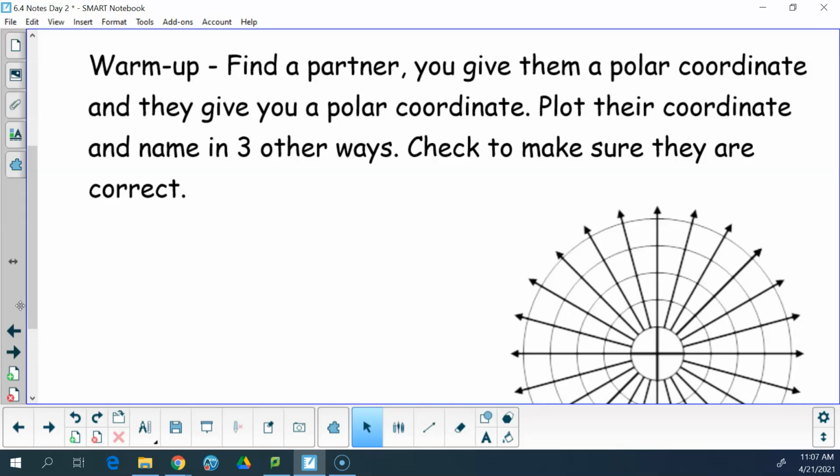Their job is to graph it and give you the 3 other ways to name that particular point. And then vice versa. So they're going to give you a radius and an angle. You're going to give them a radius and an angle. At home, I'm going to place you guys in breakout rooms here momentarily in order to complete this.